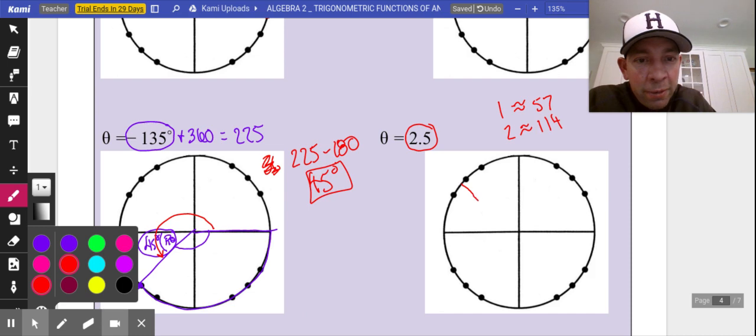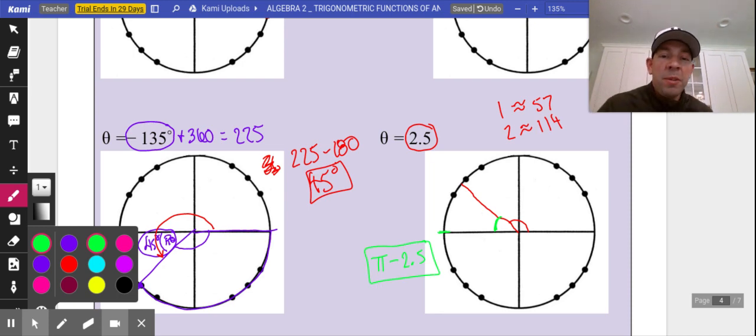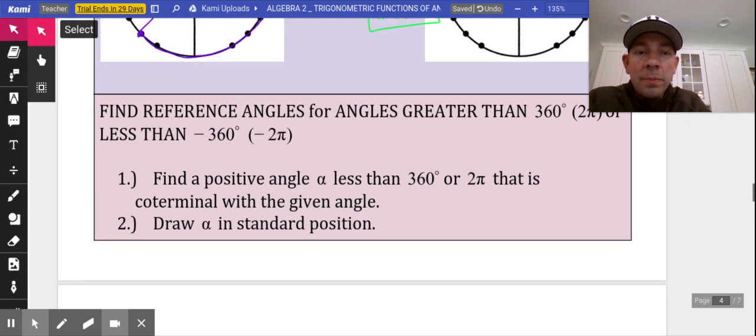So it's going to put you right here. Either way, your reference angle is going to be this sliver right here. And so instead of saying 180 minus the original angle, I'm going to say pi, because we're in radians. Pi minus 2.5. You could throw that into your calculator, or you could just leave it in terms of pi. So pi minus 2.5 is going to be your reference angle. That was a weird one, I know.